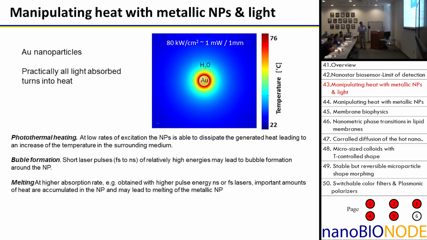Or, as you will see in a minute, you can use it for actuation, where you can generate micrometer-sized muscles, for example, right? And so all you do in here is you shine light, right? And again, you design those nanoparticles in such a way that it most efficiently converts light to heat.